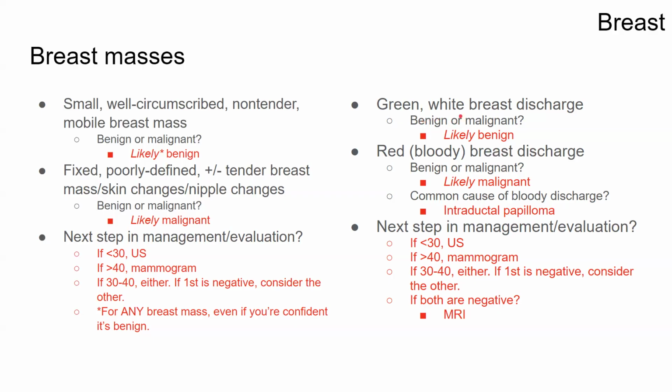One of those causes could be a prolactinoma. You would want to consider that versus someone who comes in with benign breast discharge. So just keep your head on a swivel for that.